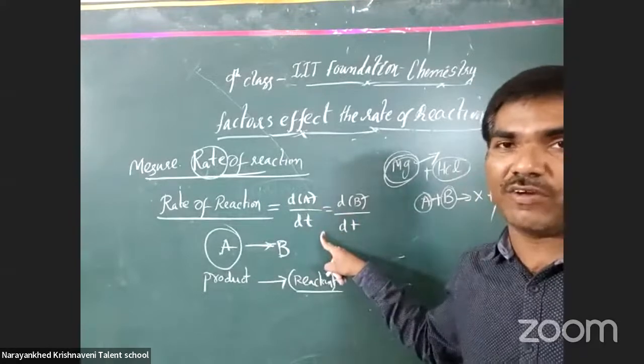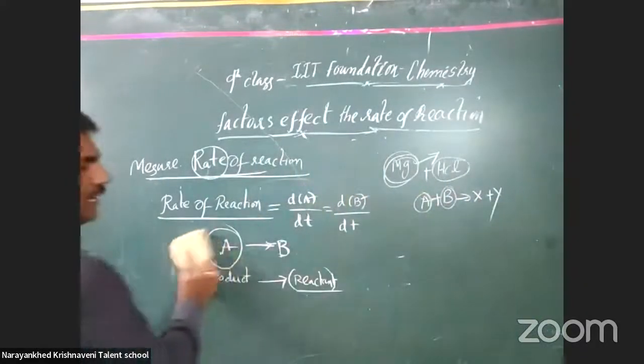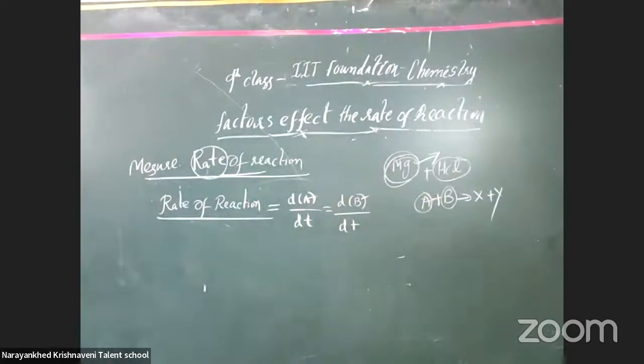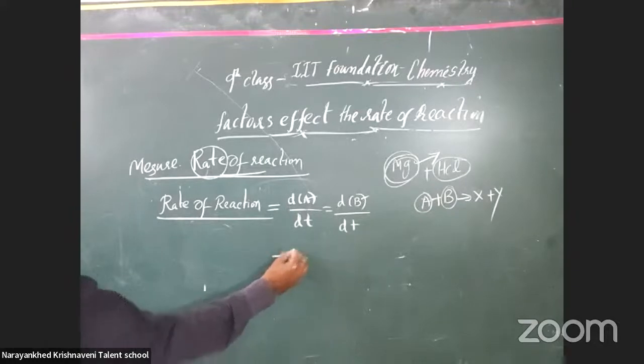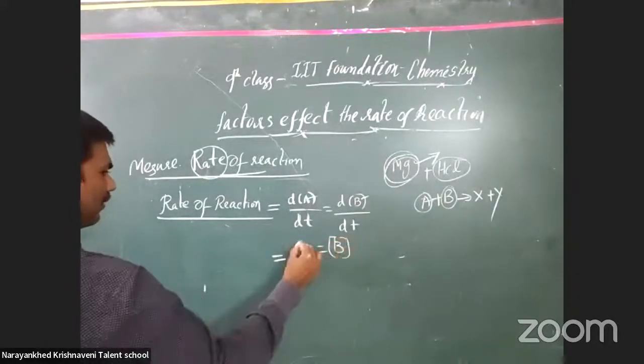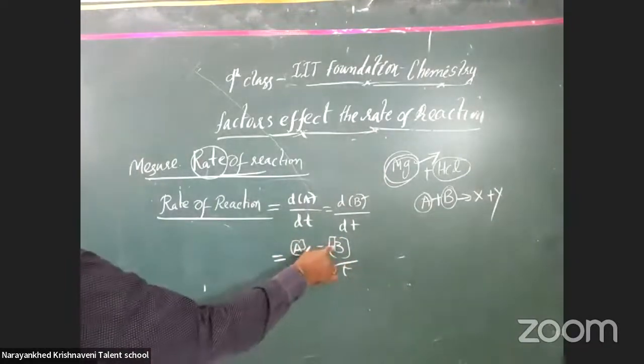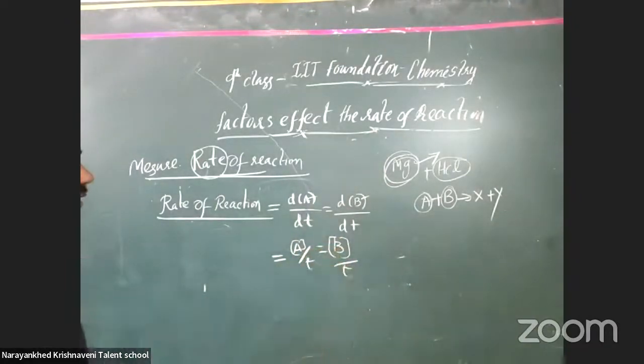Our formula may also be written as the change in concentration of A by change in time, d[A] by dt. Concentration of A by unit time.